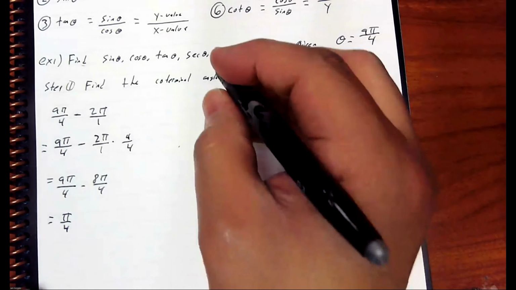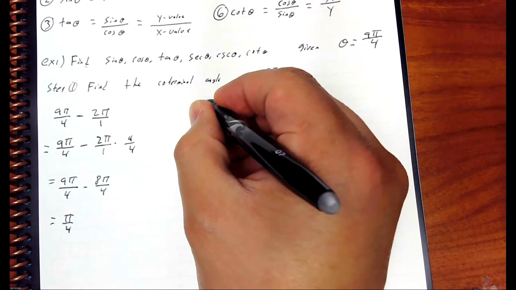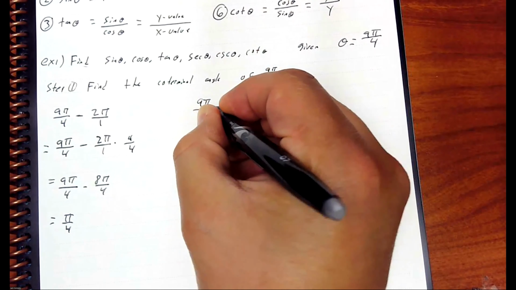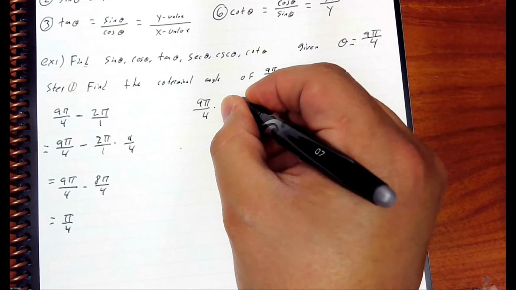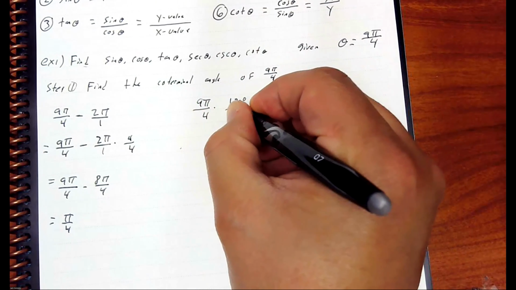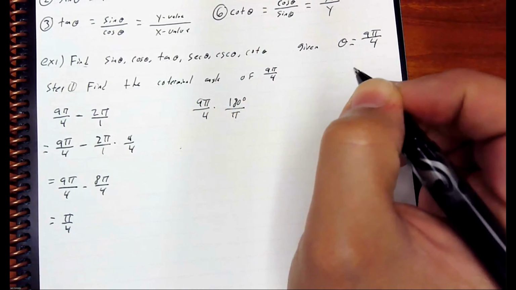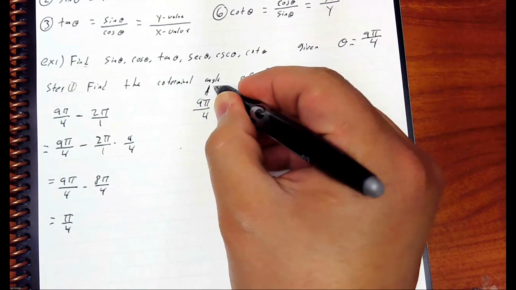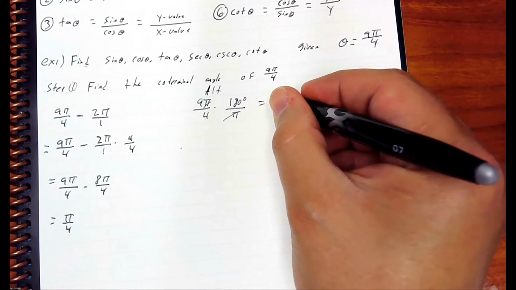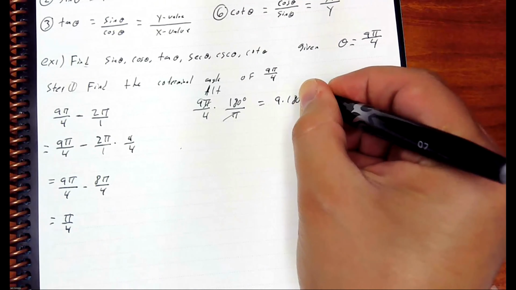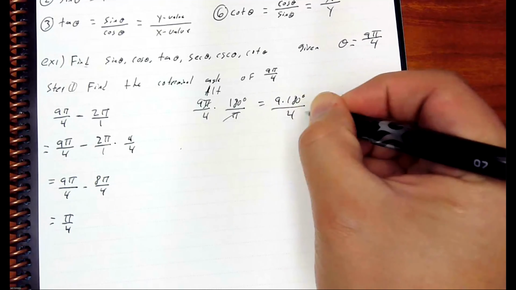Now, if you want to avoid this, you could convert it to degrees. If I convert this, I would have to use 180 over pi, right? Cancel my pi's. This will get me to 9 times 180 over 4.